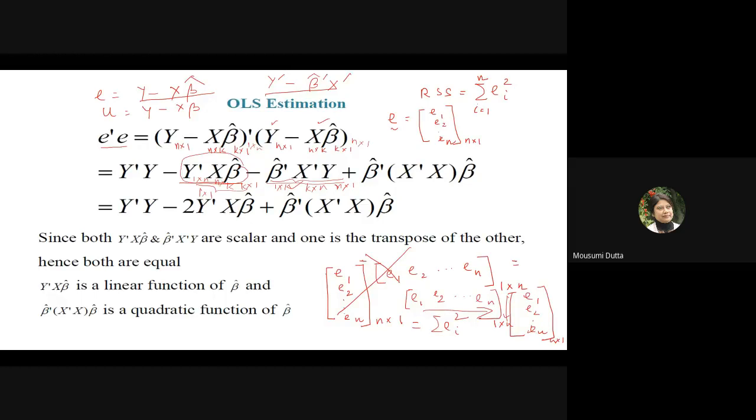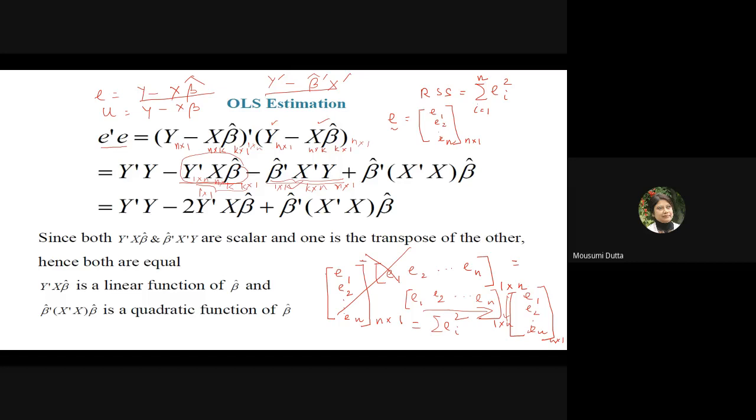So this is the format. With the help of this format, we will derive the estimated value of beta hat. The first term, y prime y, is basically TSS, the total sum of squares, summation yi square. The first term is nothing but summation yi square.